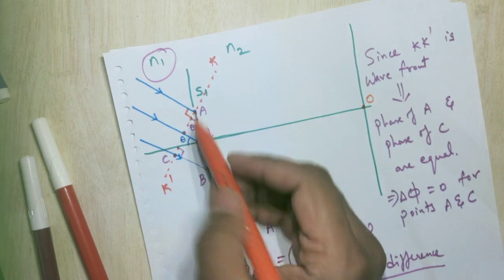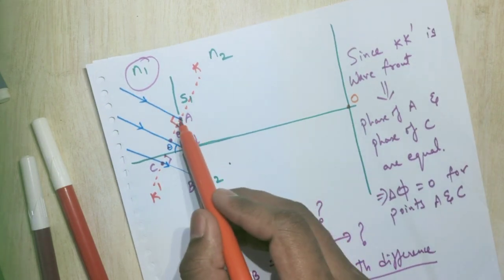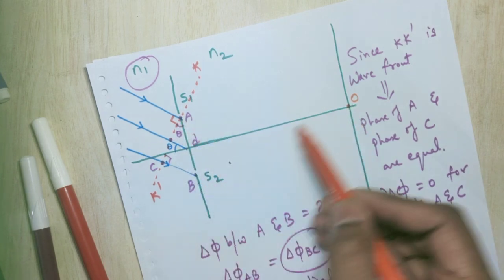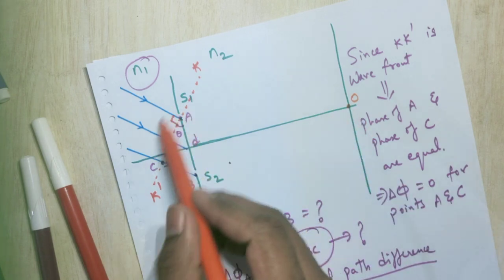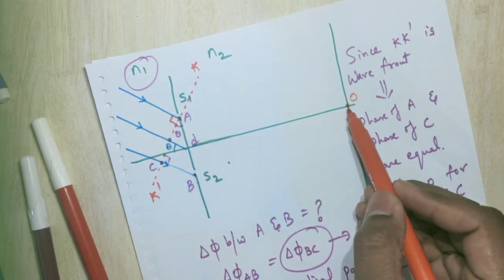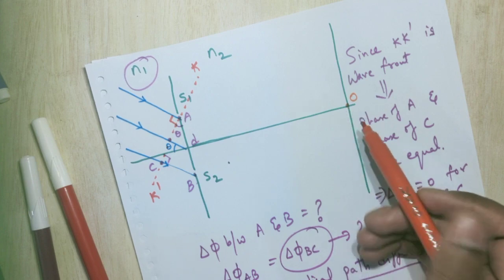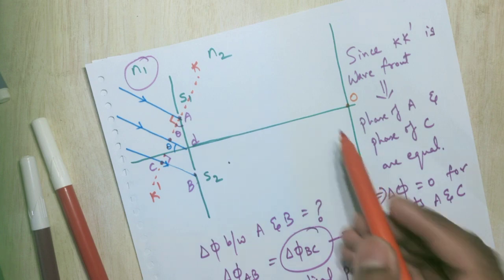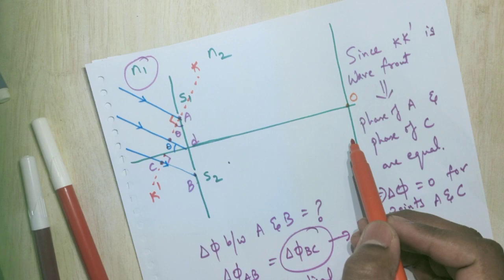So even if you join S1O and S2O, since these path lengths are equal, and since they already have an initial phase difference, at this point also they will have a phase difference. So at which point on the screen, if they meet, will there be no phase difference? We have to find out such a point.